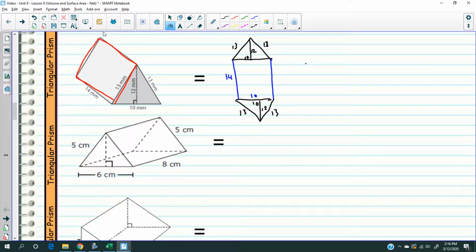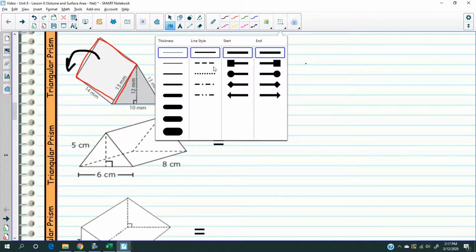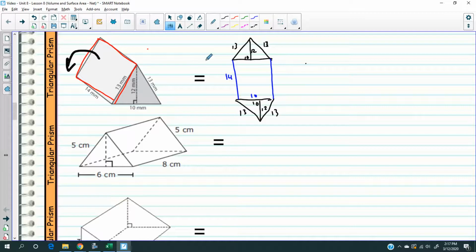So I'm going to imagine I'm just taking the tent off like this. So now I got this flap here, like so. That's for this, right? Where this is 14, that's 14, this is 14, that makes this 13.